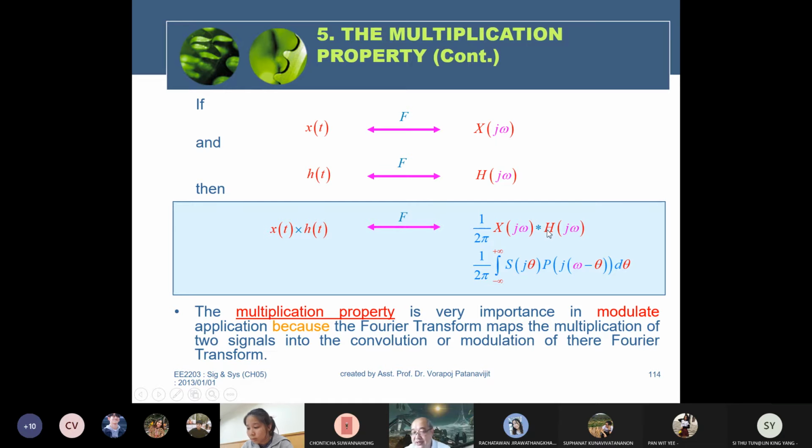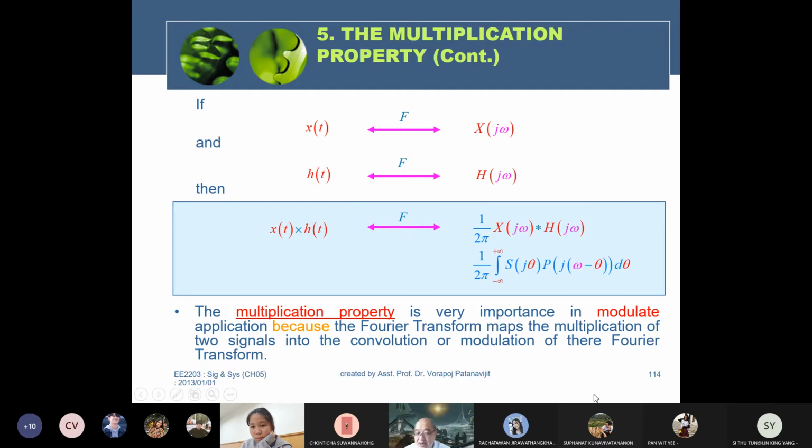The multiplication property has two main applications for now. The first one, you can determine complex functions. The second one, we use it in the analysis of modulation in the telecommunication field.